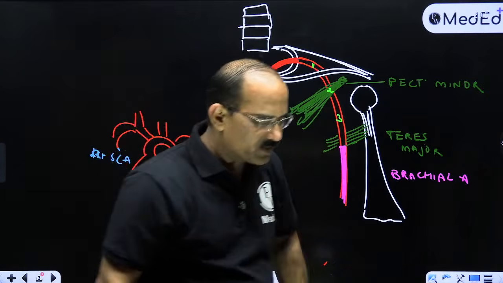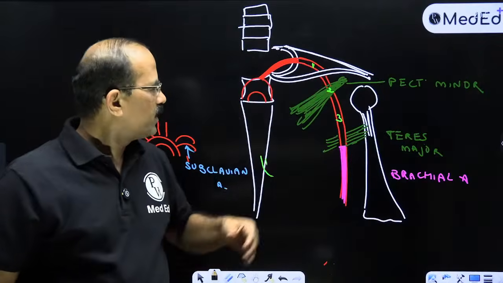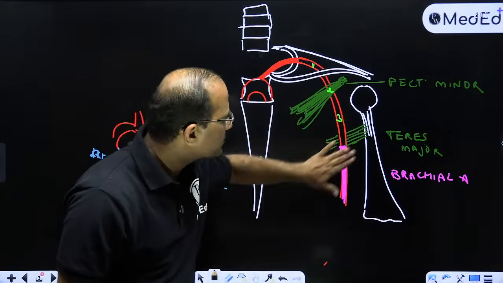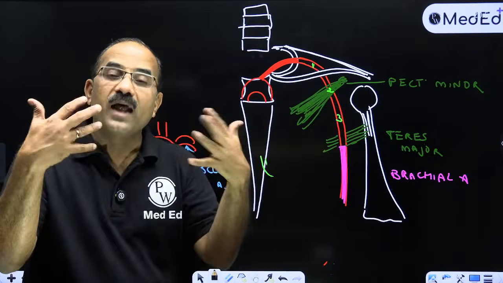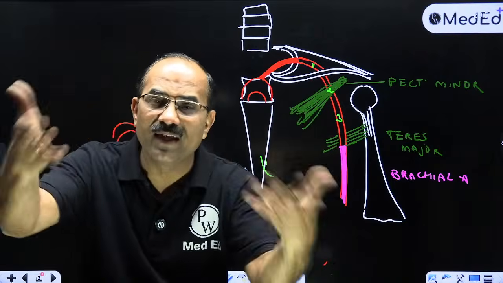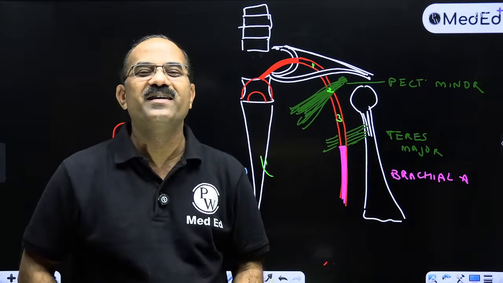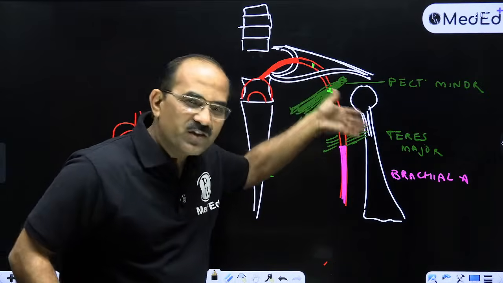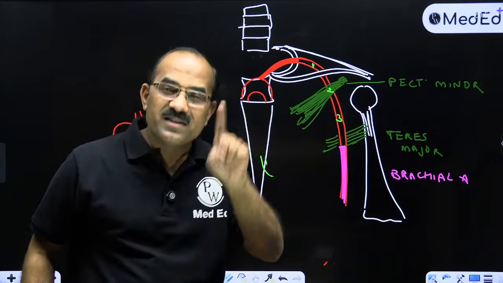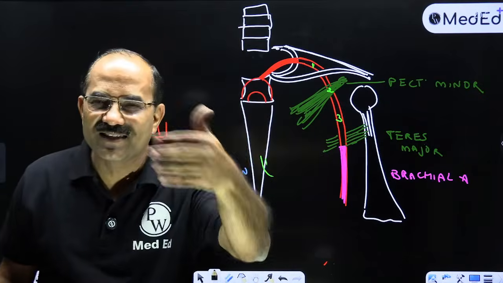दैट्स द एंटीरियर रिलेशन. नाउ कम टू द पोस्टीरियर रिलेशन. अब बच्चों बोलो, दिस एक्सिलरी आर्टरी इज लाइंग ऑन समथिंग. दिस एक्सिलरी आर्टरी के पीछे मसल्स है. And these muscles are going to form the posterior relations of the axillary artery.